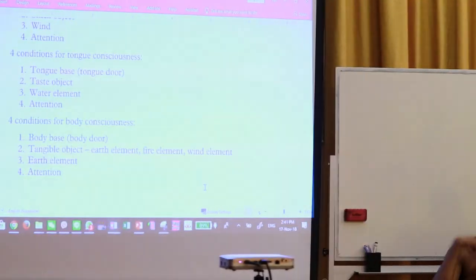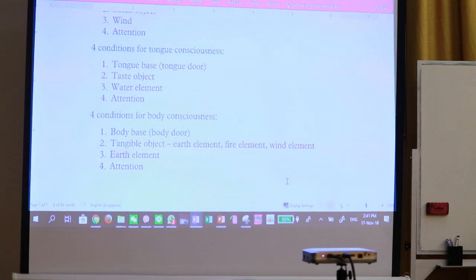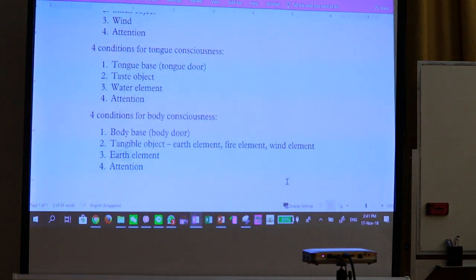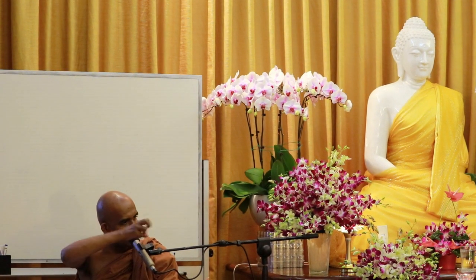No. This earth means not the outside earth. This is inside the body, because the body base is one material, no. This body base material cannot live alone. It always stays together with the 10 rupa. They are one group.